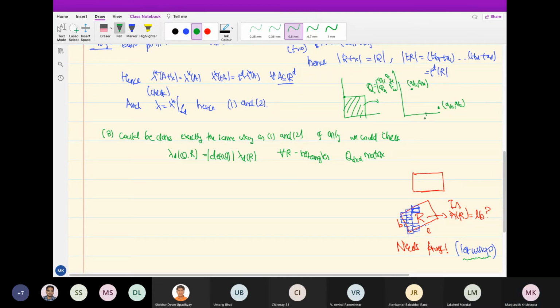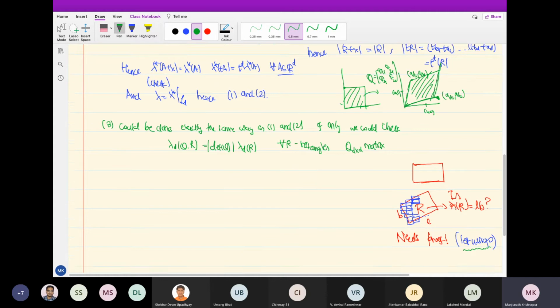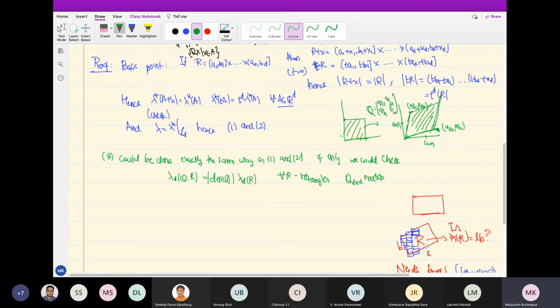Let's say (1, 0) gets mapped to the first column, which is this one, and (0, 1) gets mapped to the second column, which is this one. So what happens to this region? It will get mapped to these lines. This line will go to this line, and this line will go to this line, and the whole square will go to this parallelogram. And the area of a parallelogram is given by the determinant of the sides.